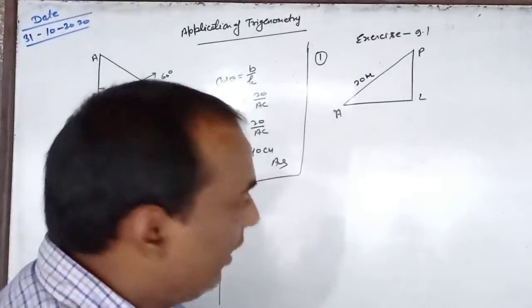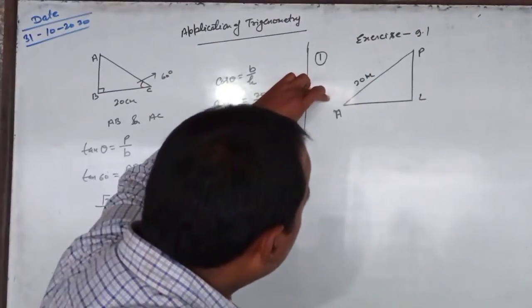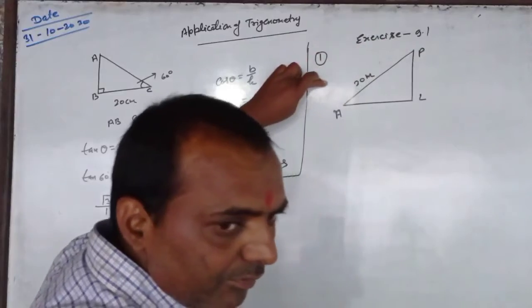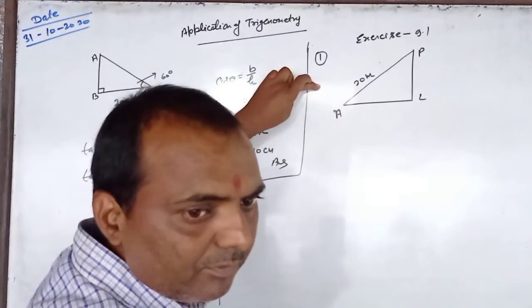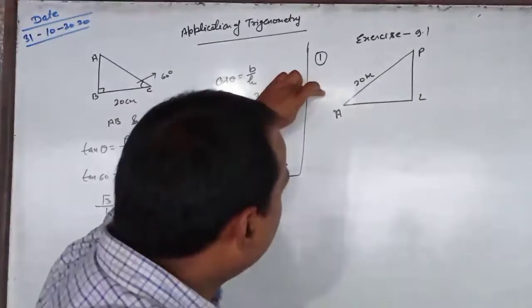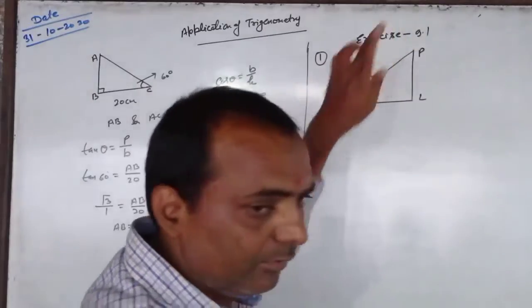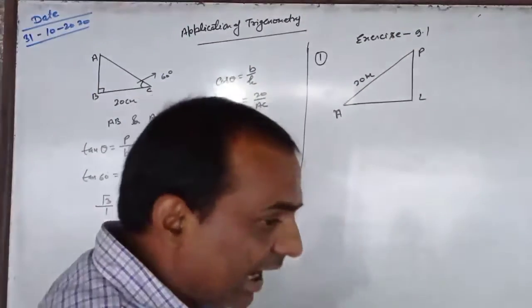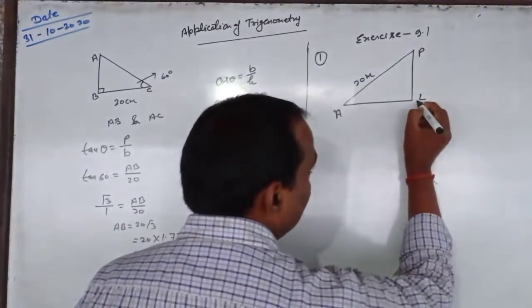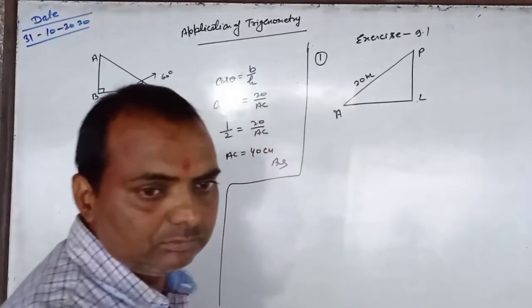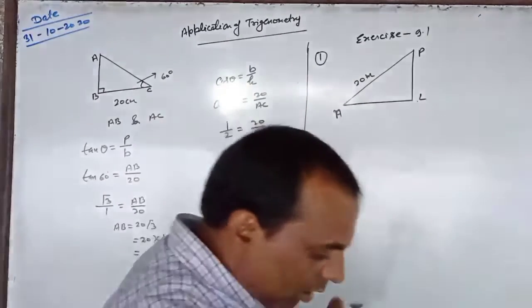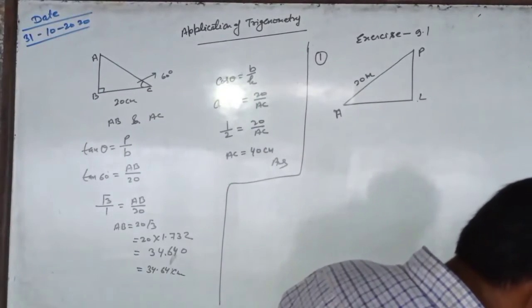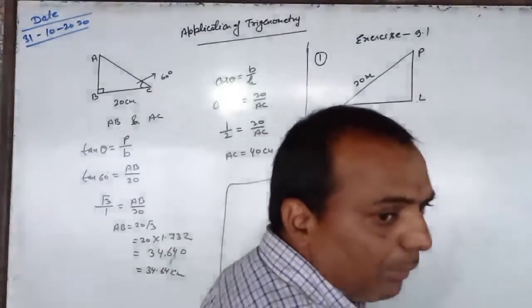A circus player is climbing on this rope AP, which is high from the L, it means the vertical pole. Now it is saying to find the height of the pole.